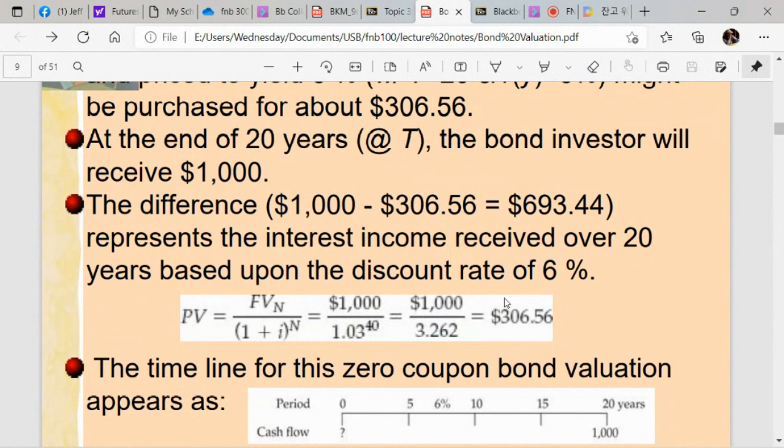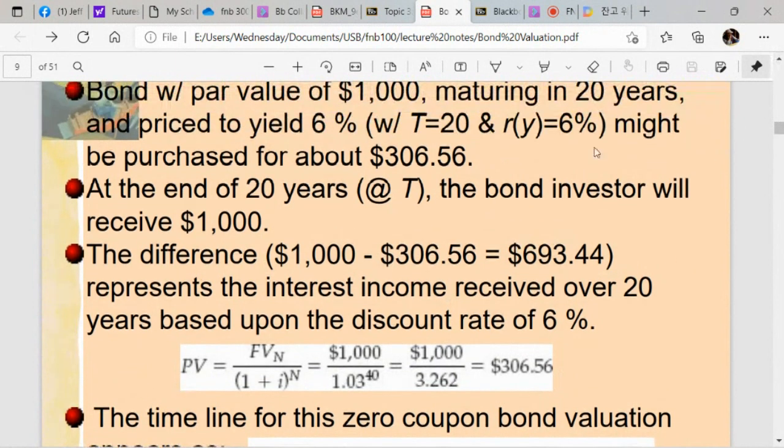Okay, so this is the fair value or rational price or intrinsic value. That means market price may be different. So that's why it says might be purchased for about 306. Might be. It's not saying it will be purchased. It didn't say that. That means the market price can deviate from this.